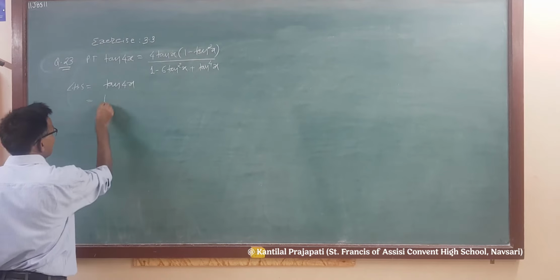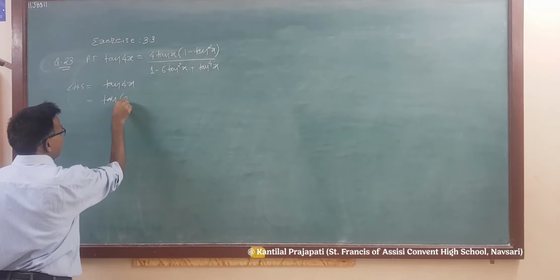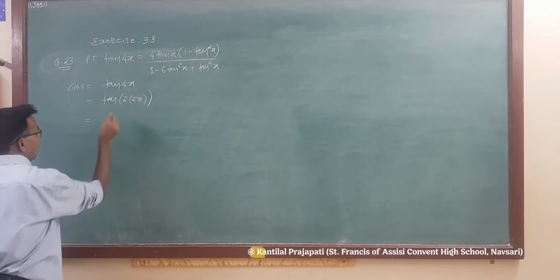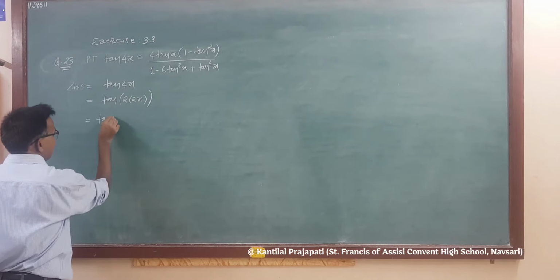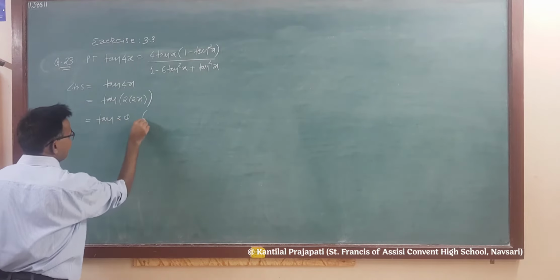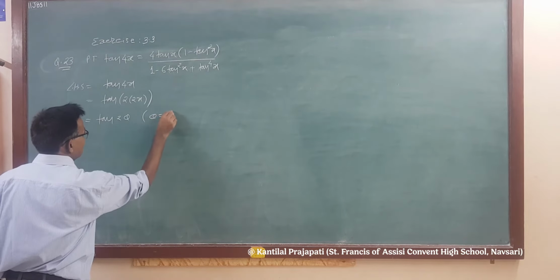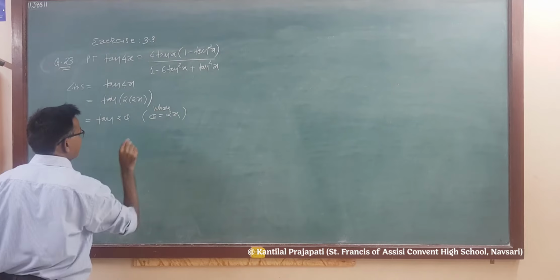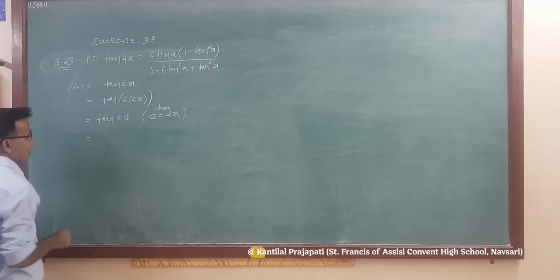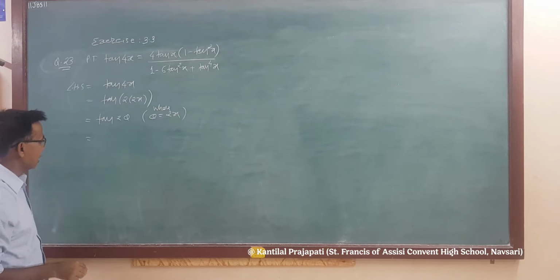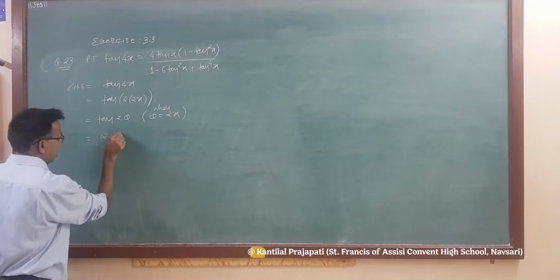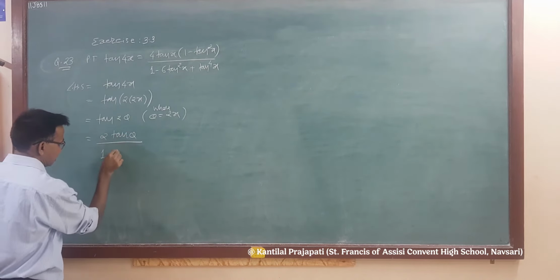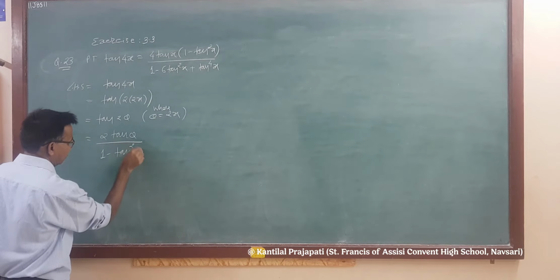So we write this as tangent of 2 into 2x. For convenience, we write 2 theta, where theta is equal to 2x. Now apply the formula. We have tan 2 theta, that is 2 tan theta upon 1 minus tan square theta.